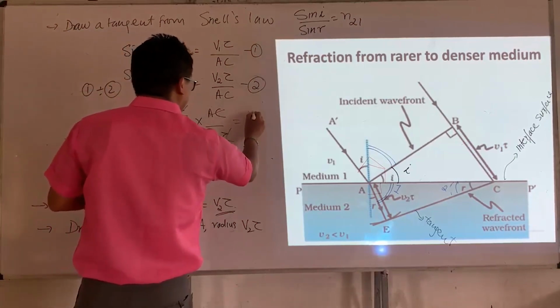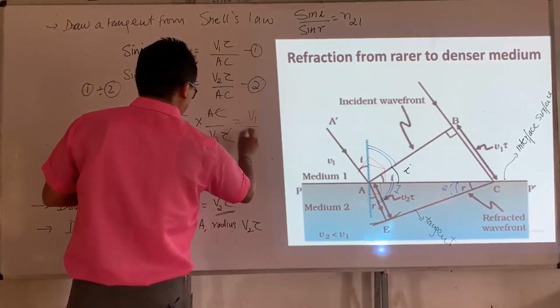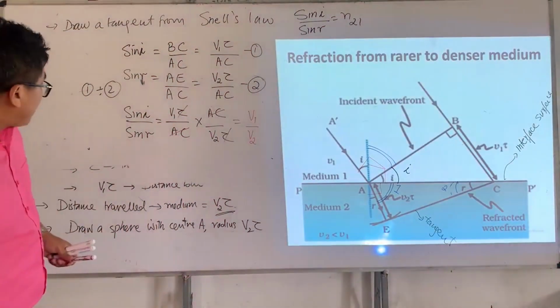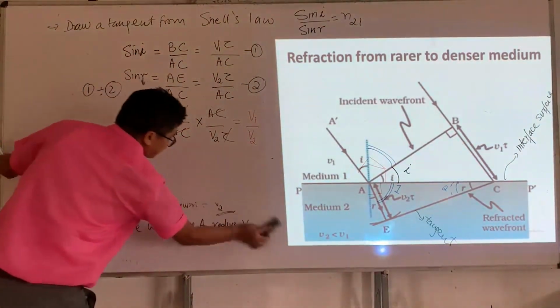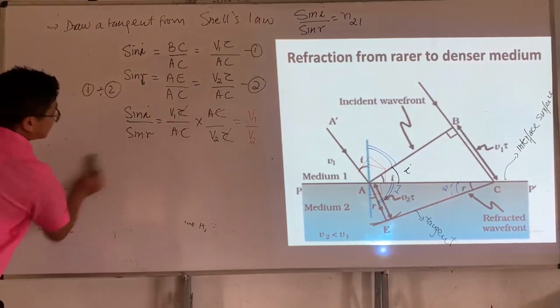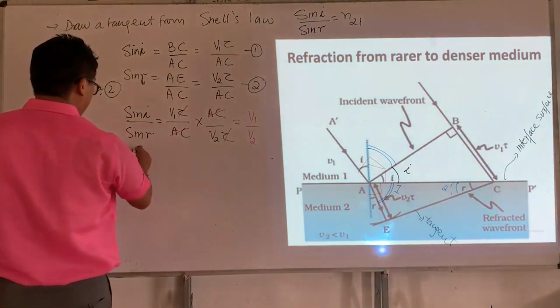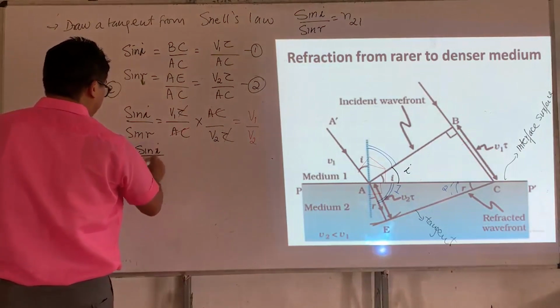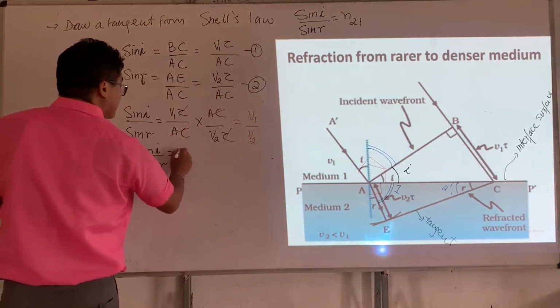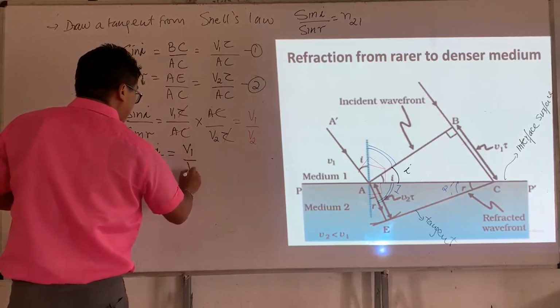Finally we get V1 divided by V2. So what is that? Sin I divided by sin R is equal to V1 divided by V2.